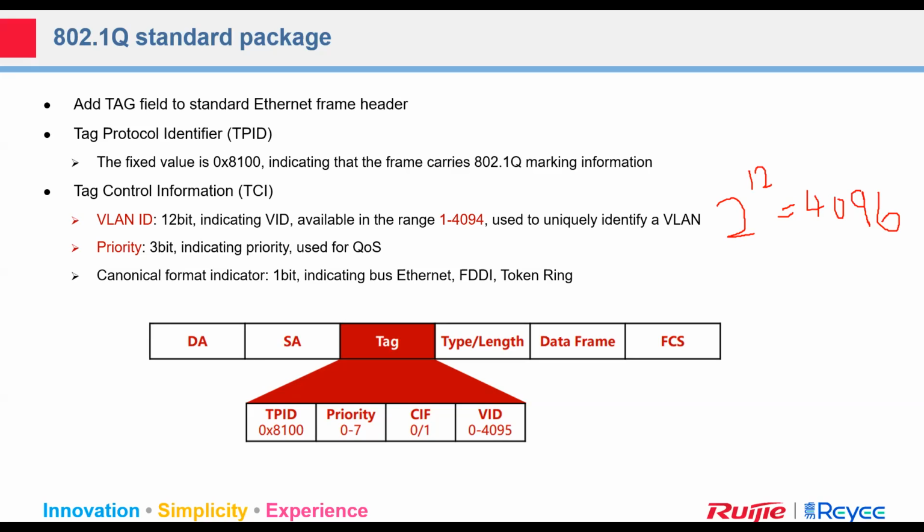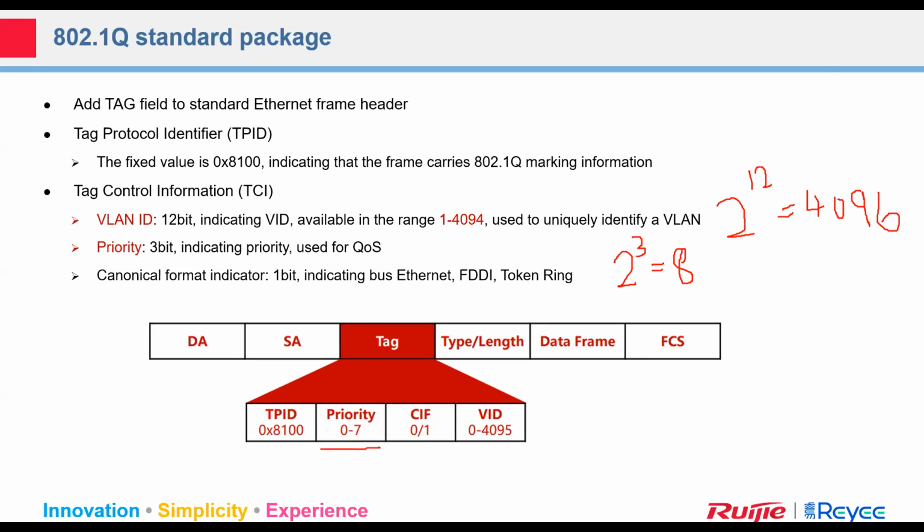As for priority, this is for QoS, and it is 3 bits. If it's 3 bits, it's 2 to the power of 3, so it is 8. You can see here the priority is 0 until 7.